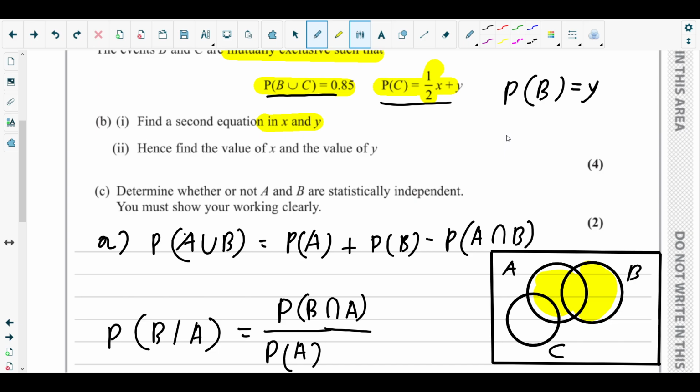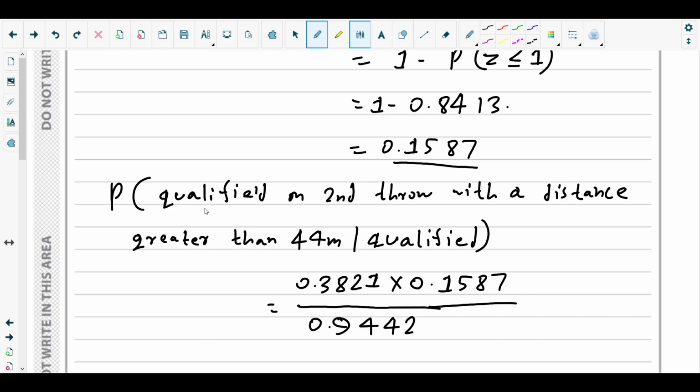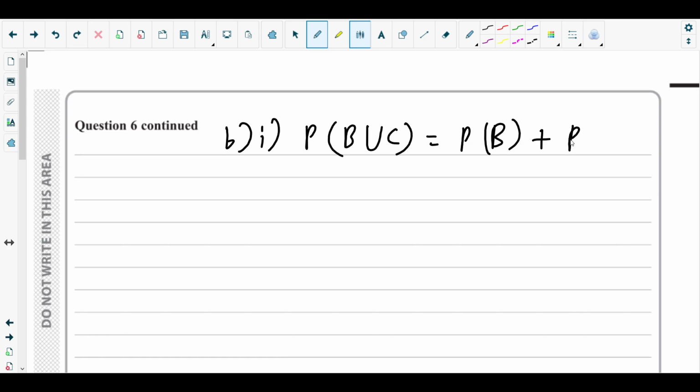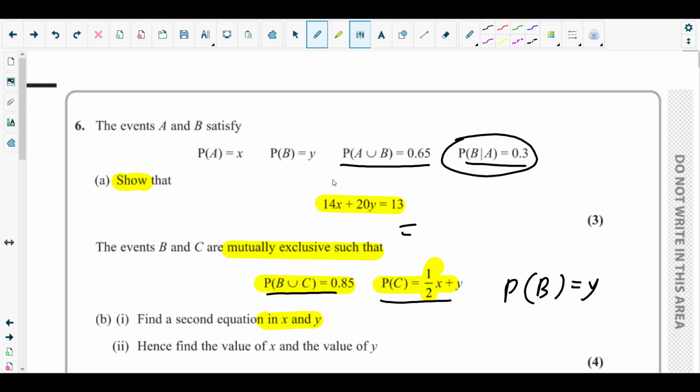Since they are mutually exclusive, we can use this concept for part B1: probability of B plus probability of C. Probability of B is y, and probability of C is half of x plus y, right? So this can be written equal to how much? It is 0.85, right?